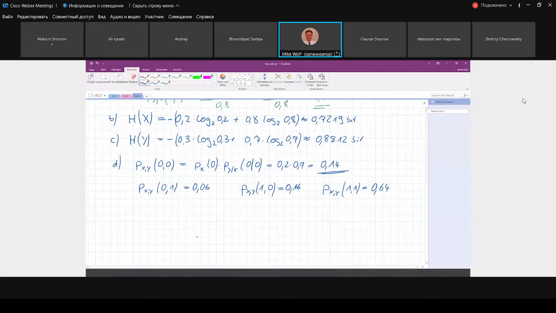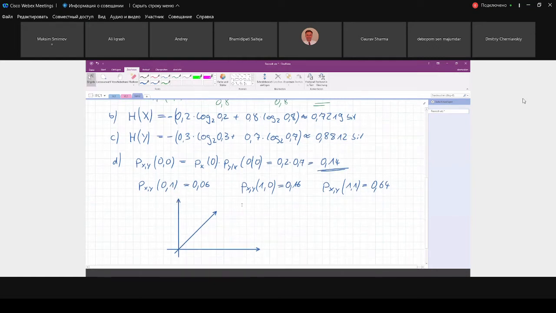Let's say we have here y. Let's say that this is our probability. So now I draw it in, let's say, red.